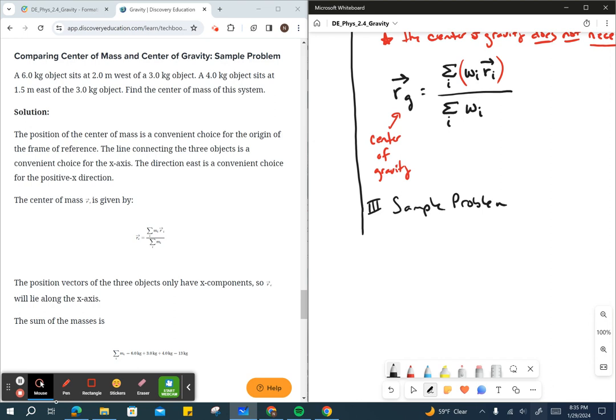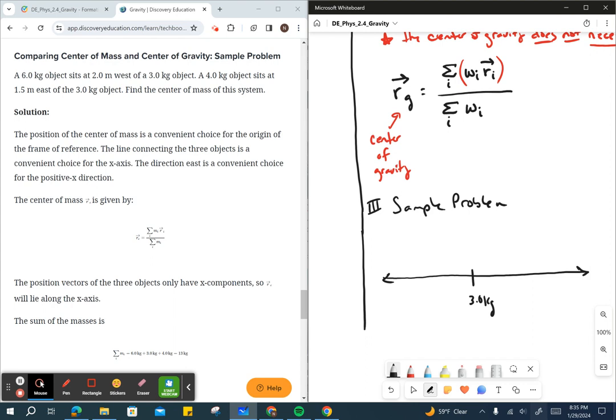So in this particular problem, the best way to probably draw this is to draw out a number line. And we'll say that this is our 3.0 kilogram object.